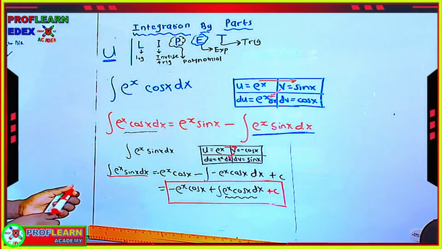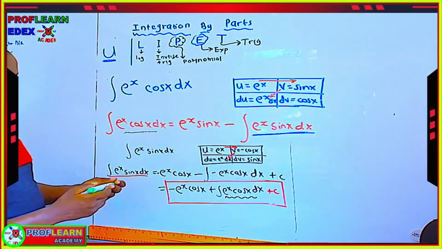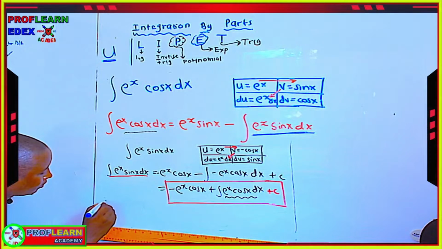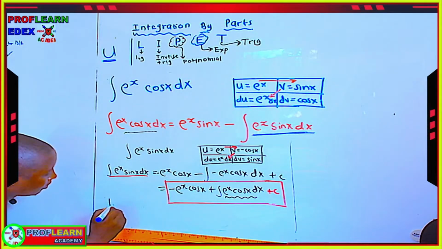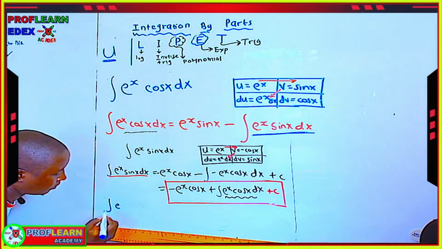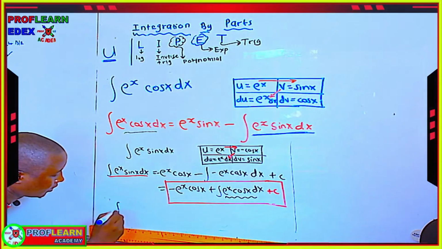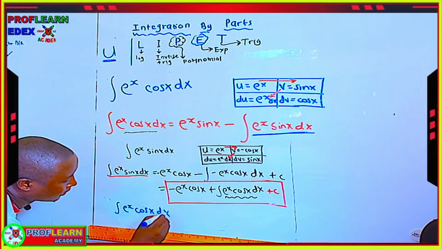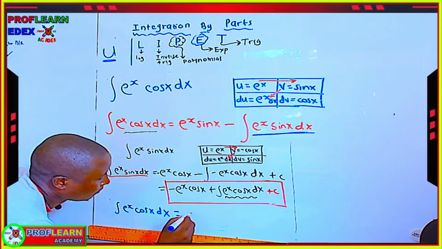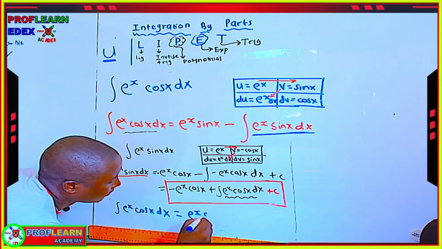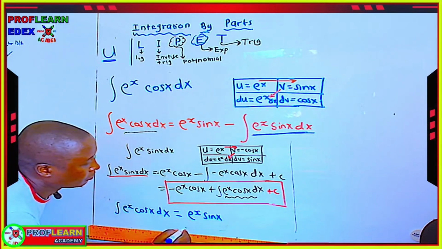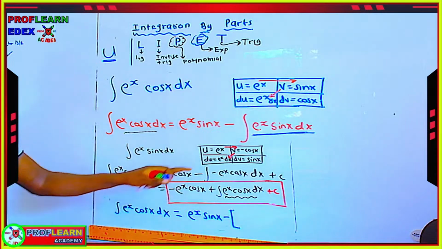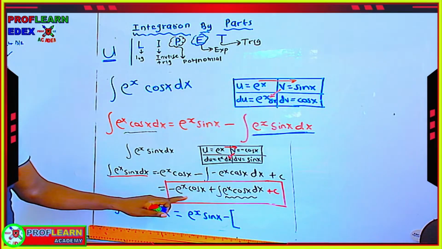So this is going to reduce to the integral of e^x cos x dx being equal to e^x sin x minus, in bracket, this part that we have here became this.